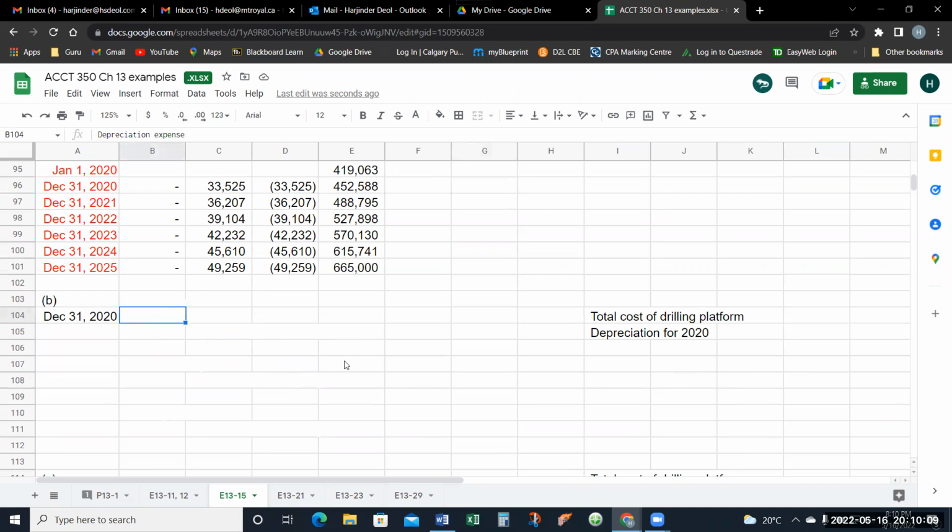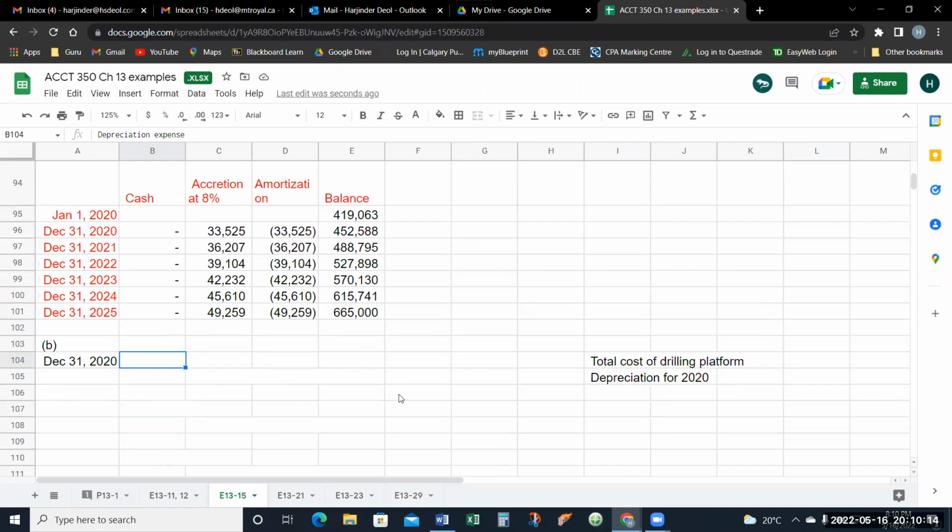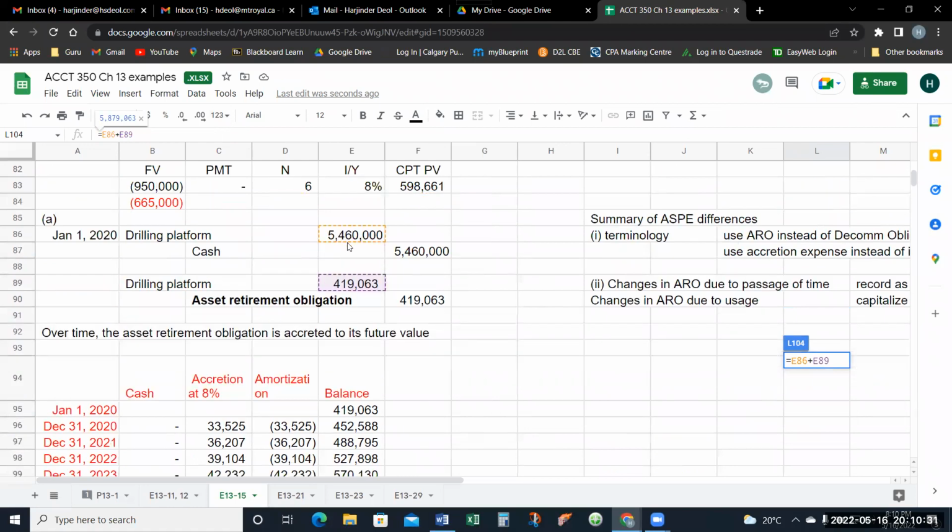Now, for the first year, then the journal entries at the end of the first year, December 31st, 2020, we are going to record accretion expense for 33,525, and we are going to credit the asset retirement obligation along with recording depreciation. The total cost of the drilling platform we calculated to be equal to 5,460,000 plus the 70% of the present value of the asset retirement obligation that we calculated, 419,063.